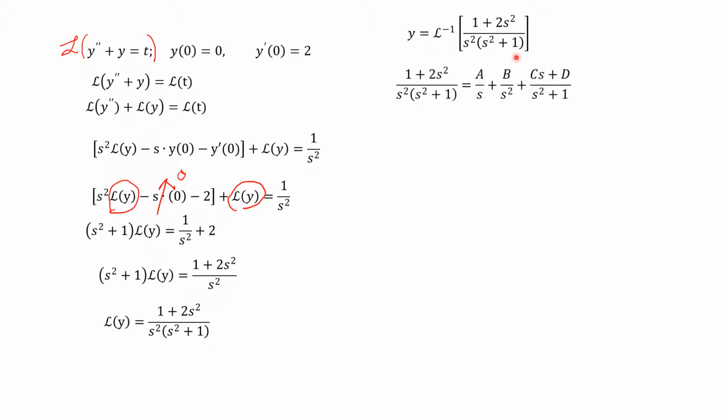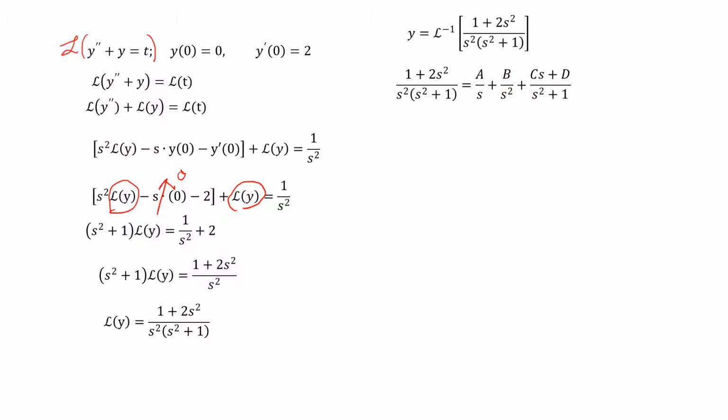So you get 1 plus 2s squared over s squared times s squared plus 1 equals a over s plus b over s squared, the partial fractions for s squared, plus cs plus d over s squared plus 1, the partial fraction for s squared plus 1.